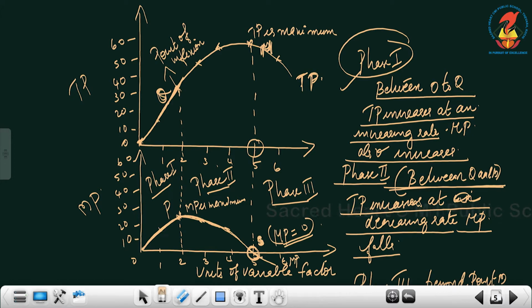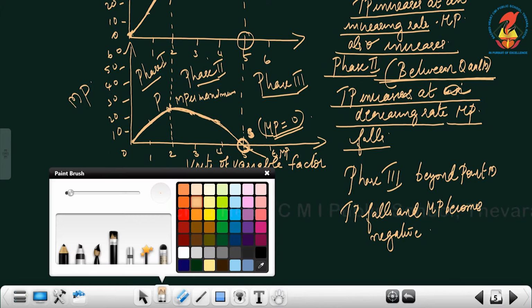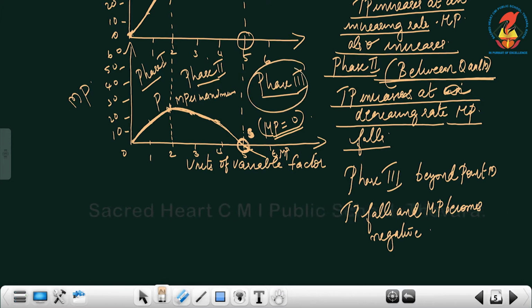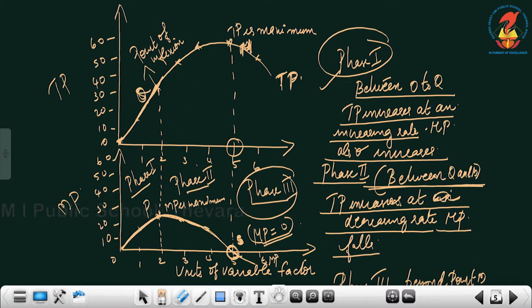Now, the third phase. All of you look here, this is the third phase. What happens in the third phase? In the third phase, TP is falling after point M, beyond M. TP is falling.